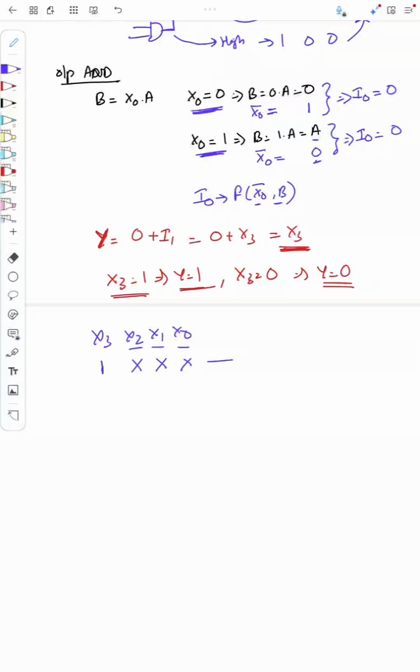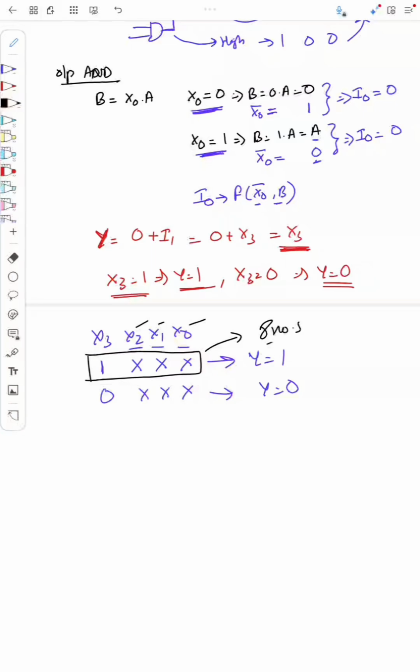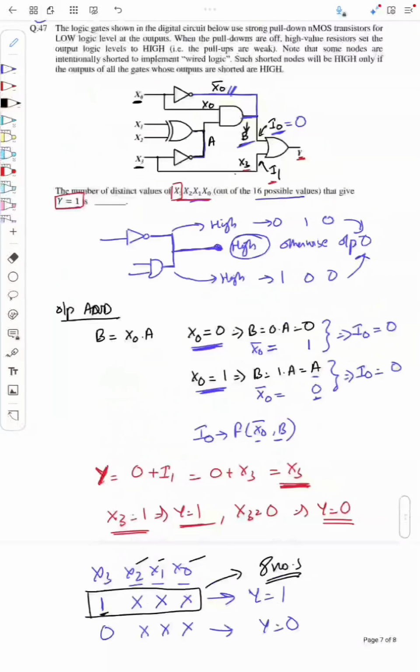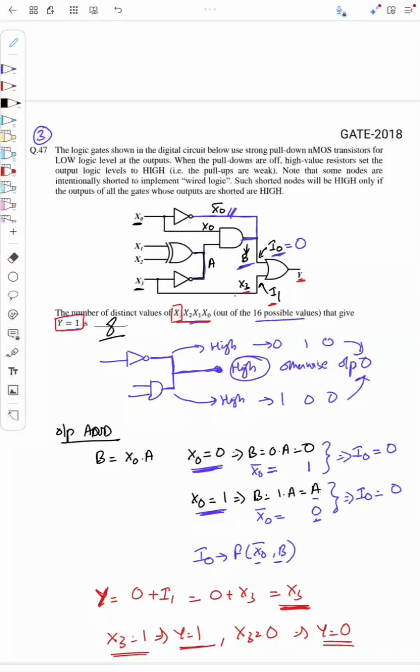If x3 is 1, then y is equal to 1, and when x3 is 0, for any values of the others, y is 0, right? So how many such combinations of x2, x1 and x0 will be there? We have 8 such combinations where x3 is 1, right? So for 8 distinct values of x3, x2, x1, x0, we have y equal to 1. So 8 is the answer.